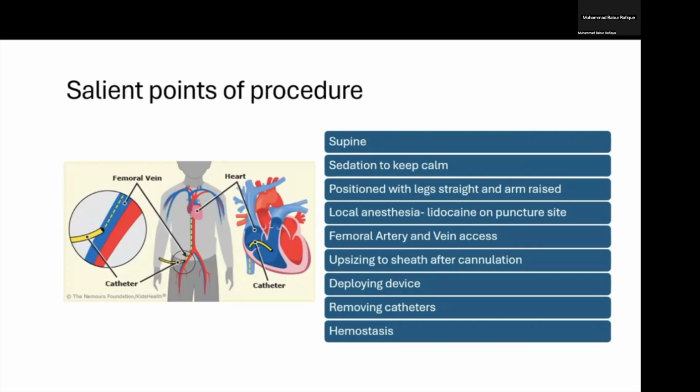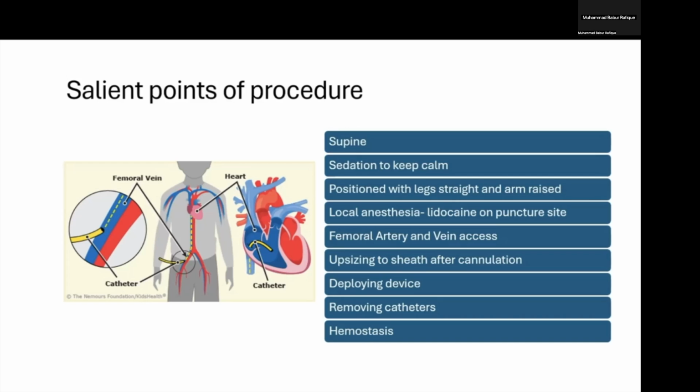Some of the salient points of the procedure is that we typically have our patients supine. We have to give sedation for older children to keep them calm. We don't really need to control ventilation for most part because we want them spontaneously breathing. We just need to have them relaxed enough so we can position their legs and their arms raised. We also give local anesthesia to our puncture site so that we don't need to really knock them out.